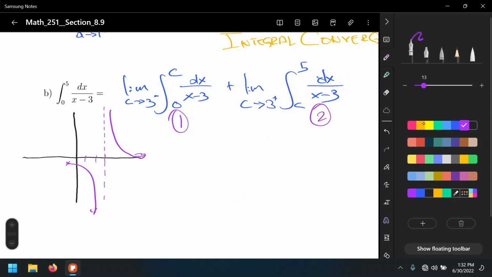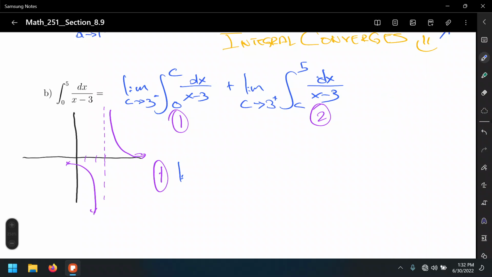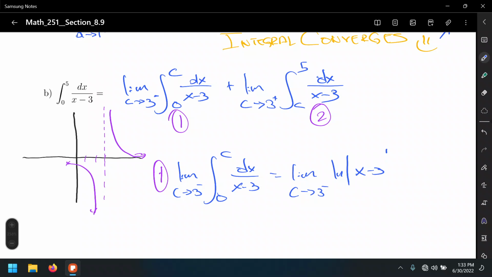So let me do the integral 1, which will be the same, limit first, ln of absolute value of x minus 3 from 0 to c.